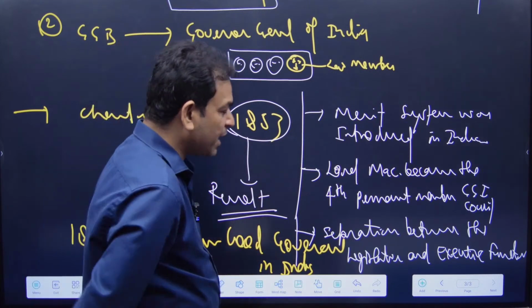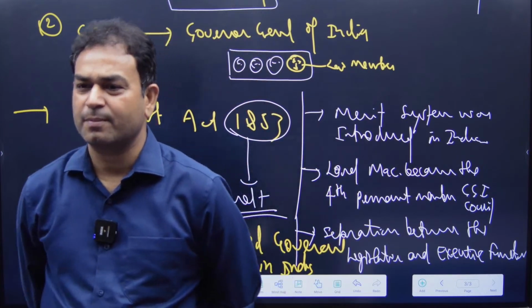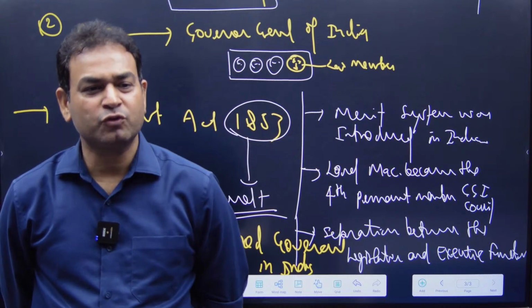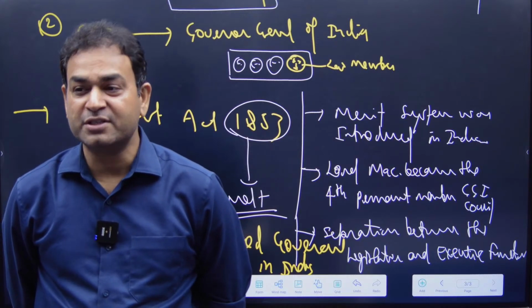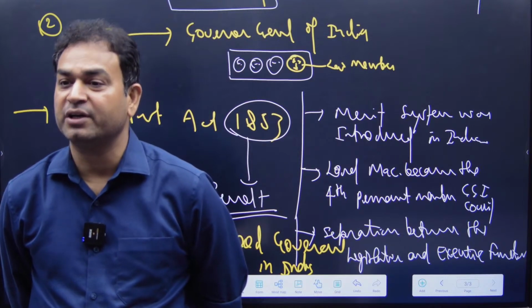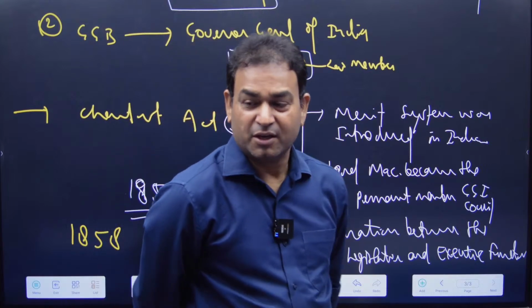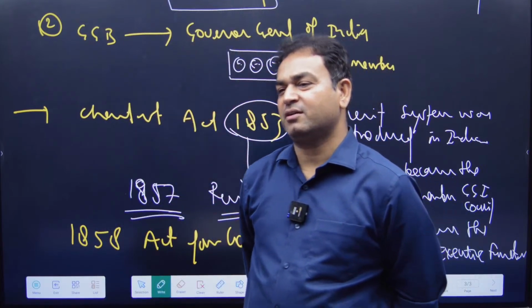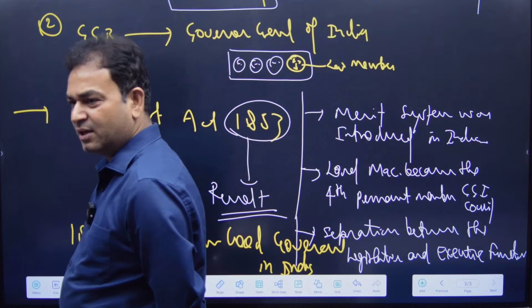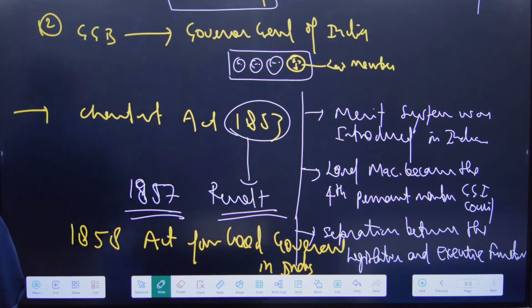With this act, many changes were made in the system, and a new system was introduced, which can be seen in our constitution even today. Even in 1858, many provisions were added which are still in our constitution.